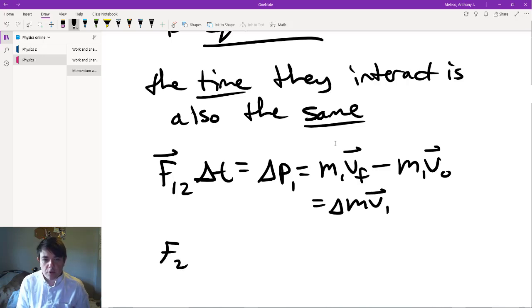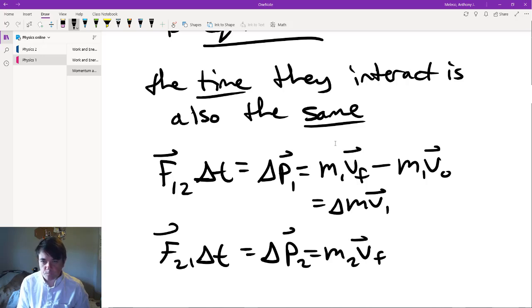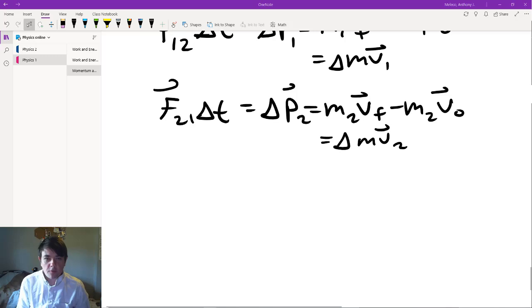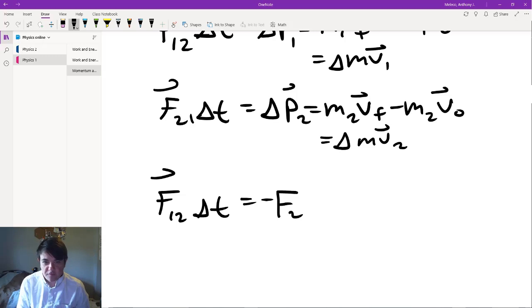And then the force of particle 2 on 1, we can do the same thing. Forgot to give these guys vectors. So what we can conclude is F12 delta t equals the negative F21 delta t, from Newton's third law.